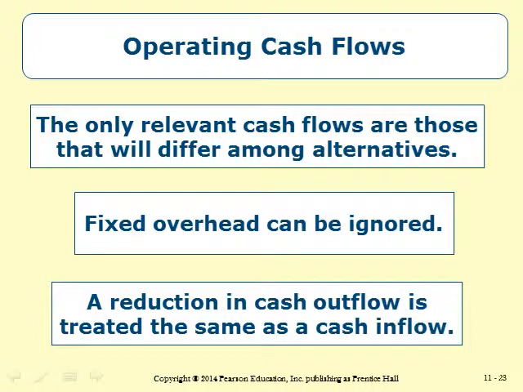We recognize the cost of assets by the initial outlay, not by depreciation as computed under accrual accounting. Further, cash inflows may not occur in the same period as the related revenues, and cash outflows may not coincide with the related expense recognition. Finally, we treat a reduction in the cash outflow the same as a cash inflow. Both signify increases in value.